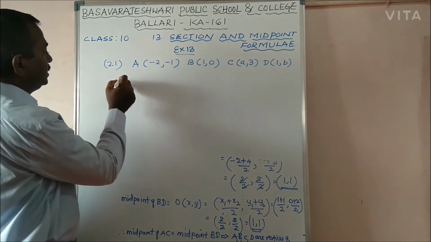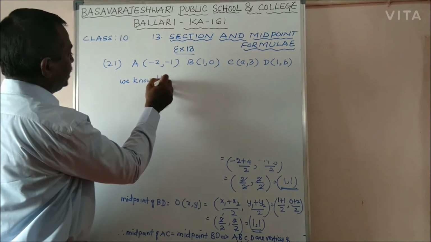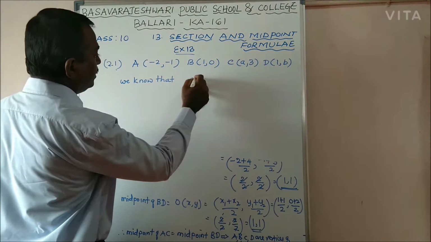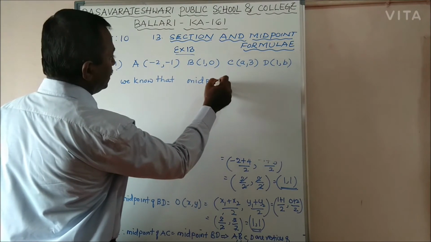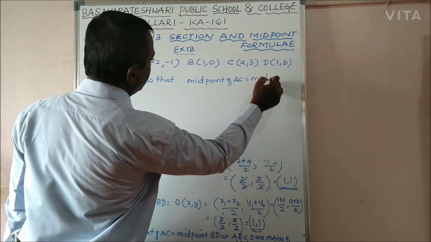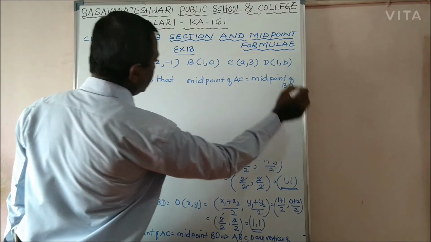We know that if it is a parallelogram, the midpoint of AC should be equal to the midpoint of BD. Correct?